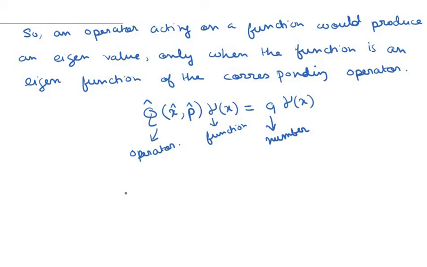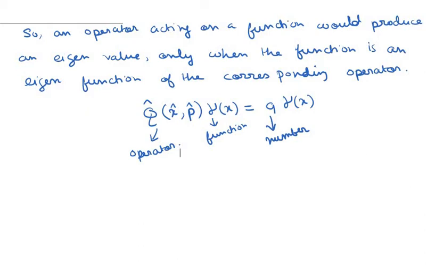Although it's very difficult to actually measure momentum in an experiment, hypothetically we can always measure it, but we cannot measure the wave function. Please note the difference: the wave function is basically a hypothetical concept that we have taken into account to explain what is happening in the system, but we cannot measure a wave function.